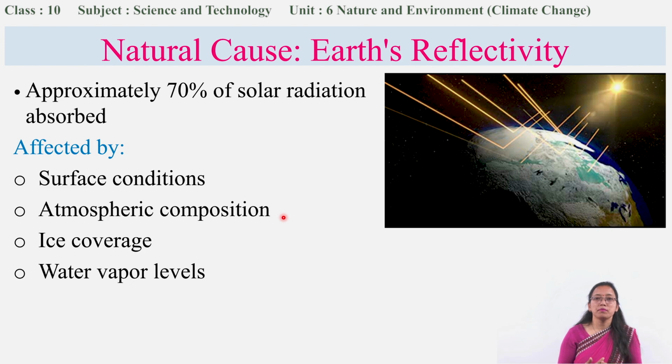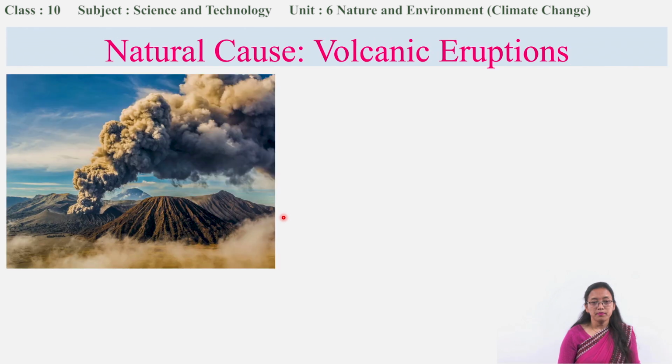Just the water present on the surface of the earth will be evaporated, and because of that, it vaporizes and the vapor level increases, and that vapor also affects the reflectivity of the earth. That means in the atmosphere there is vapor, and because of that vapor, the reflection may be low or high. Because of that, this climate change occurs.